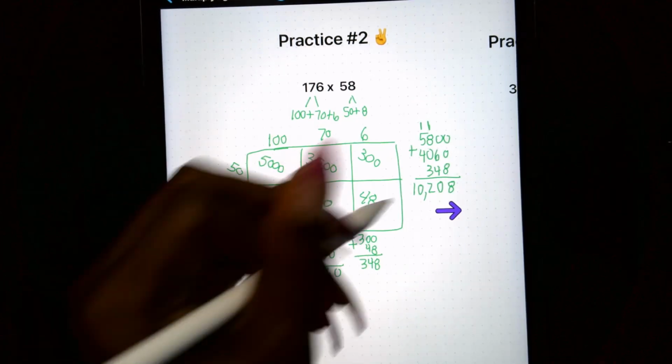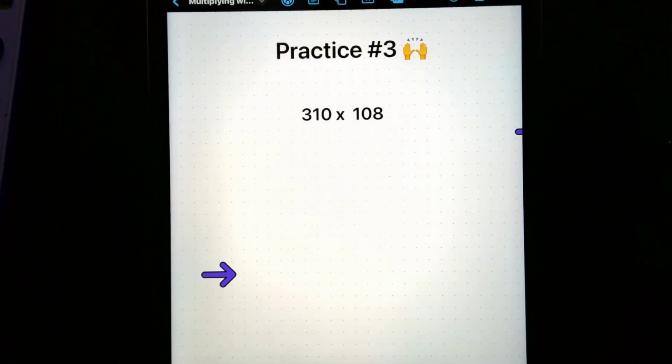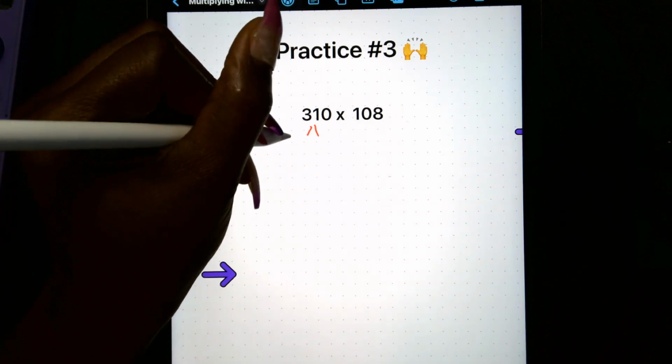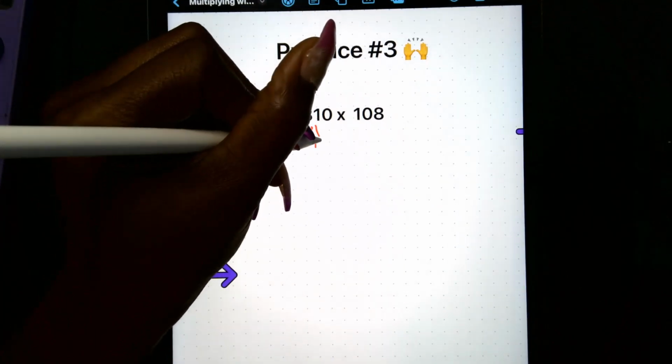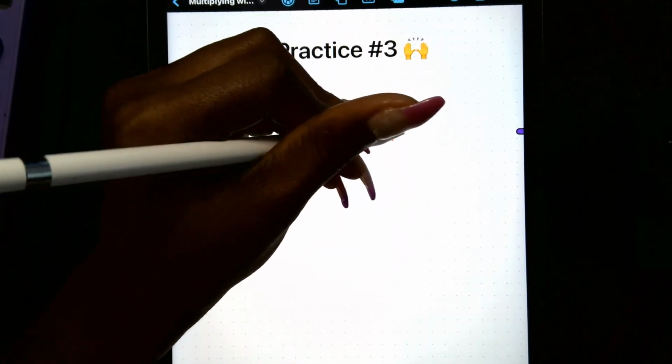And this should be your final answer. Check your work. Let's try one final practice problem. Okay, let's start off again by decomposing. My box will be 3 by 3.